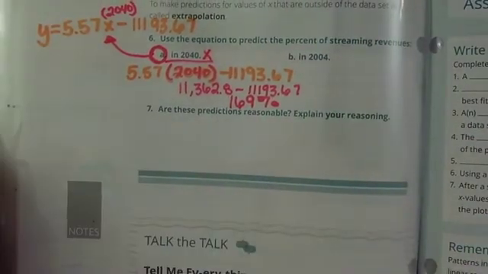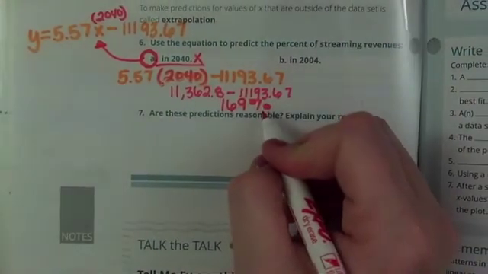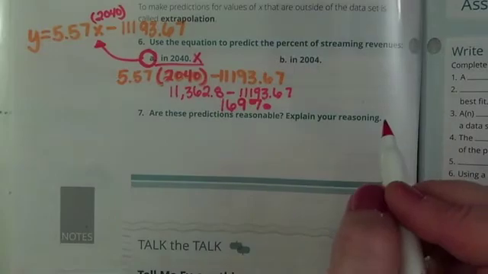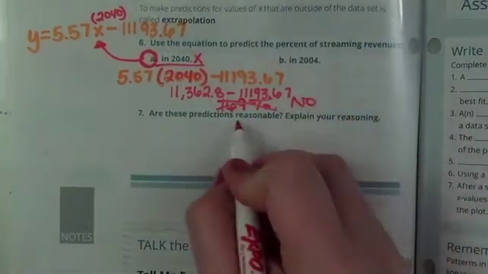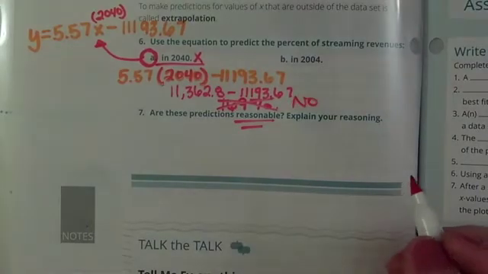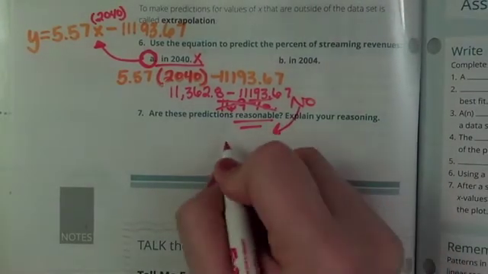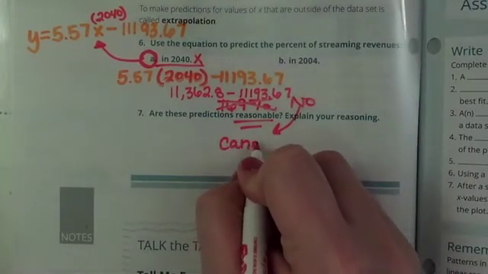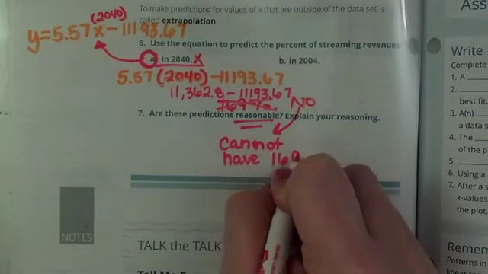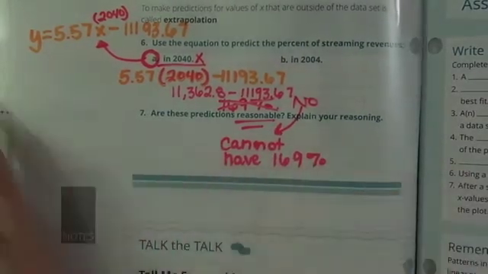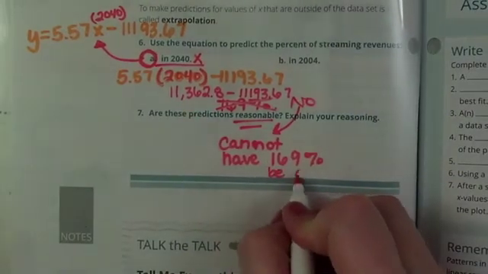Is that reasonable? Can I have 169% be online? No. So it says, is that reasonable? We would say no, you cannot have 169% be online.